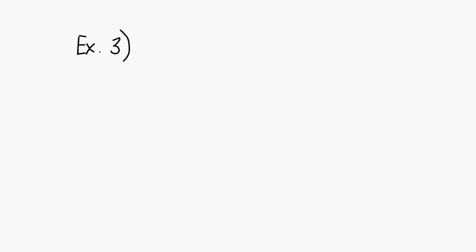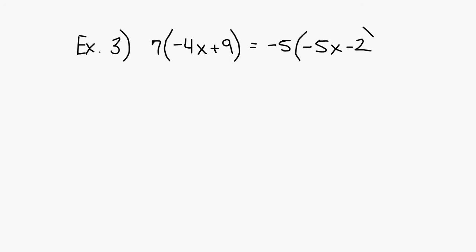Example 3. 7 times the quantity negative 4x plus 9 is equal to negative 5 times the quantity negative 5x minus 2. All right, so this is a case where you've got distributive property in the first step on both sides of the equation.